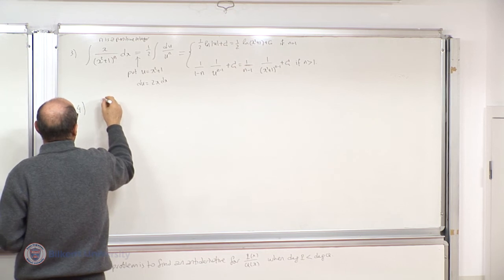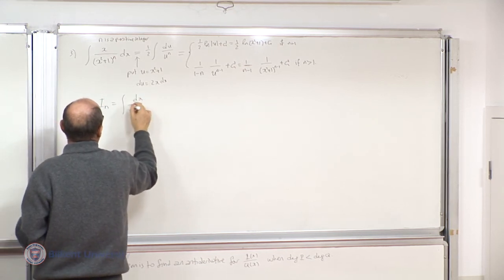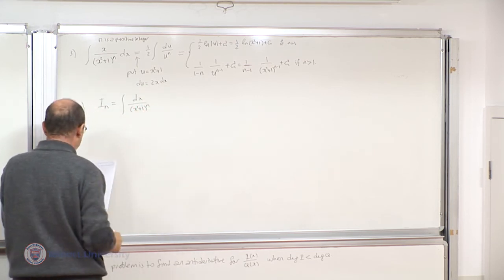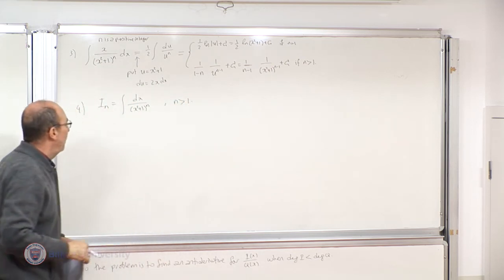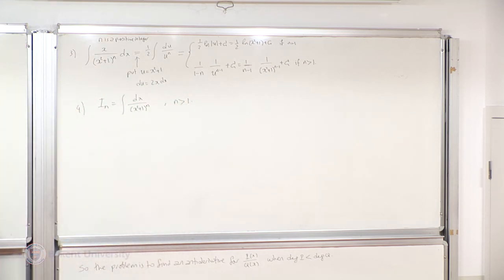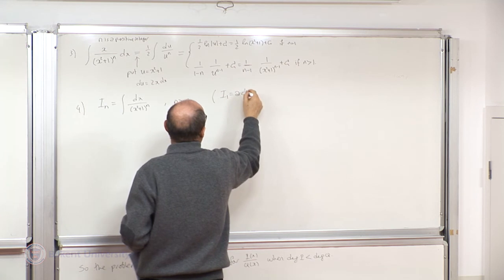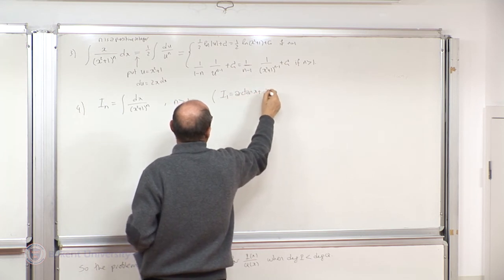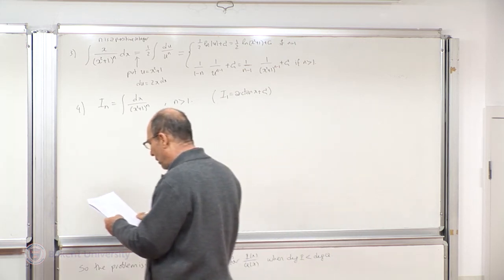Suppose now, let us call I_n equal to the integral of dx over (x squared plus 1) to the power n. Say n is strictly larger than 1, because if n is 1, we know that this is arctangent. So I_1 is arctangent x plus constant. So now we want to understand this.